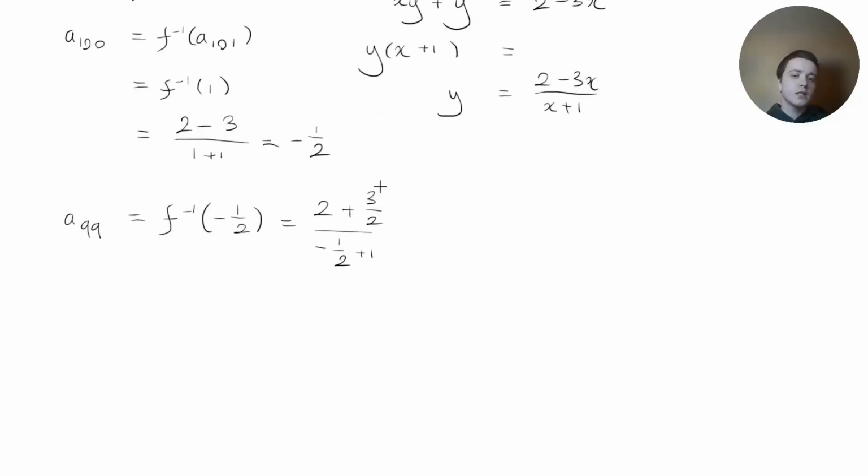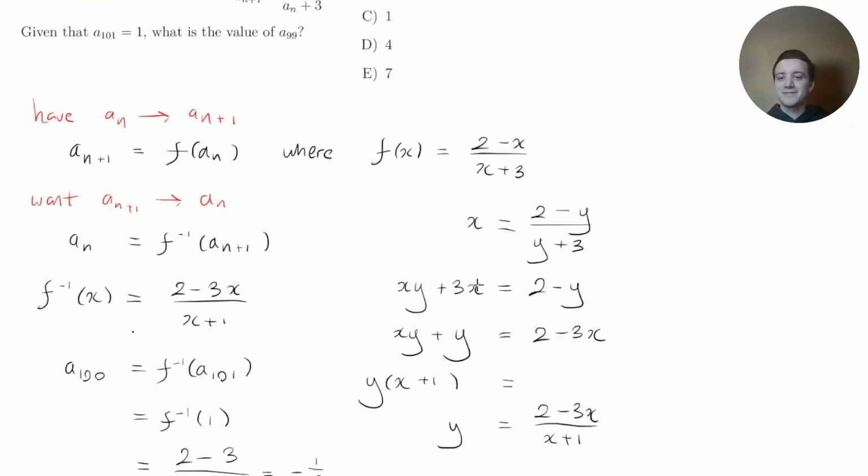To simplify it quickly, we can multiply the numerator and denominator through by 2. So that will give us (4 plus 3) over (minus 1 plus 2), which gives us our final answer of 7 over 1, which is just 7.